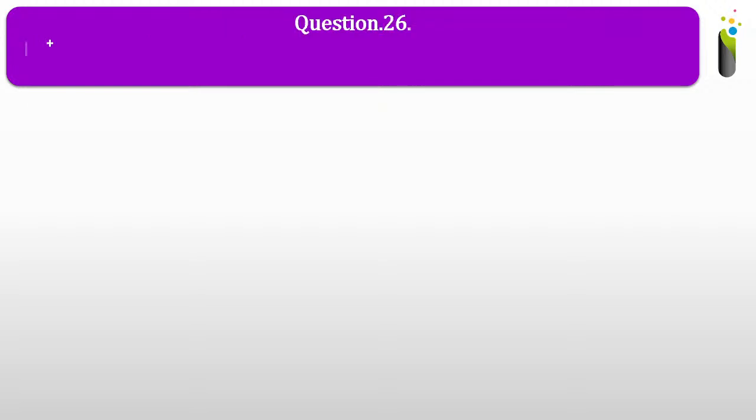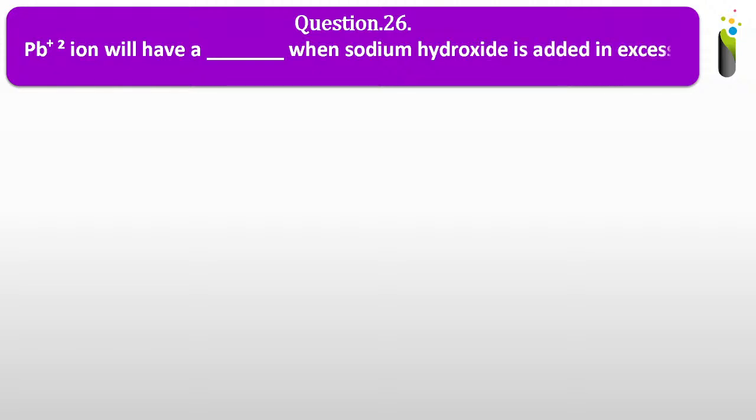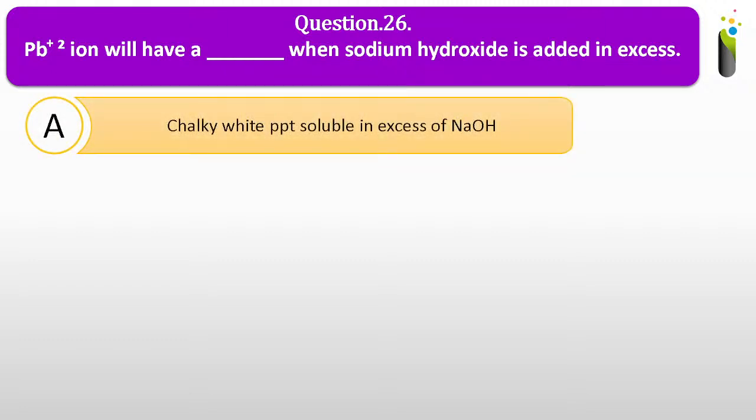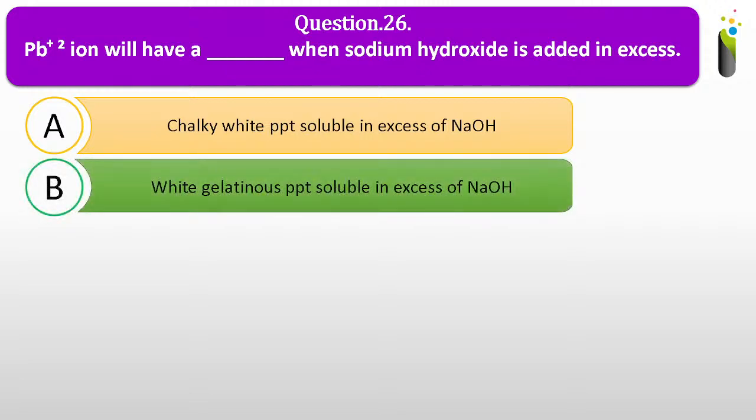Question number 26. Pb plus 2 ion will have a dash when sodium hydroxide is added in excess. A. Chalky white precipitate soluble in excess of NaOH. B. White gelatinous precipitate soluble in excess of NaOH.